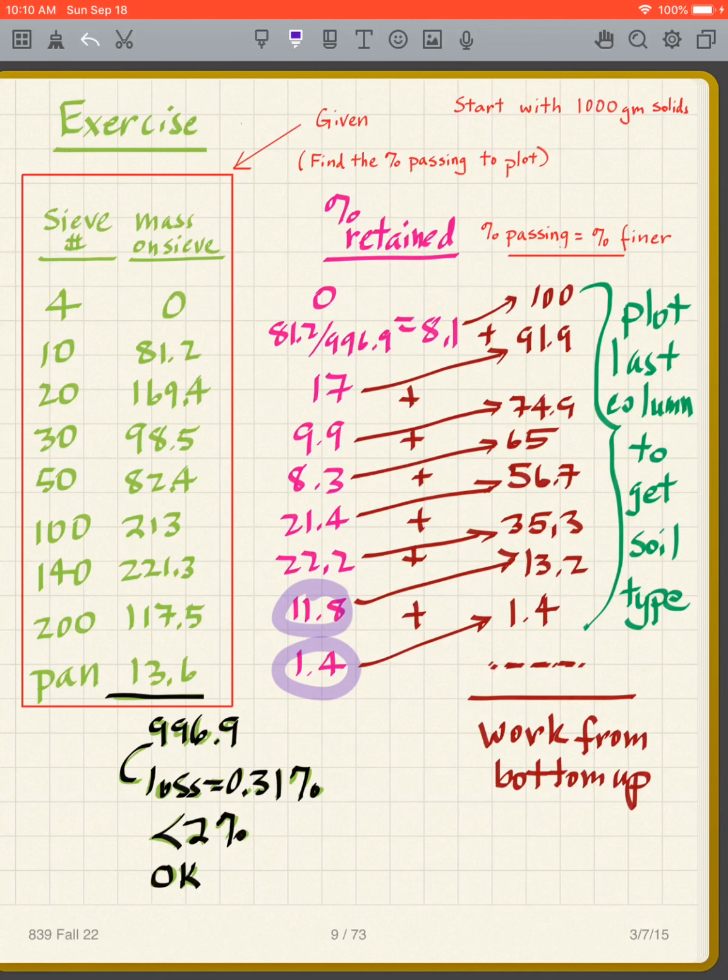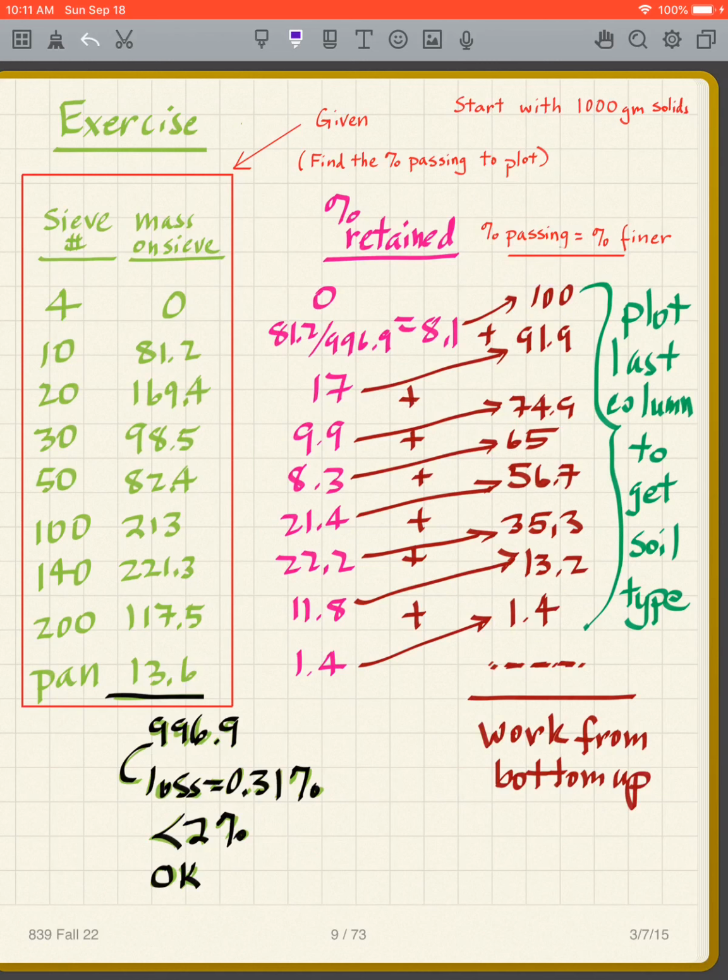That means that 1.4 plus 11.8 is passing the number 140 sieve. So I just add the 1.4 plus the 11.8, and that gives me 13.2. And I just continue up this, so 13.2 plus 22.2 gives me 35.3. I keep working up. Then I have 35.3 plus 21.4 is 56.7, etc. When I get to the very top, I should have 100.